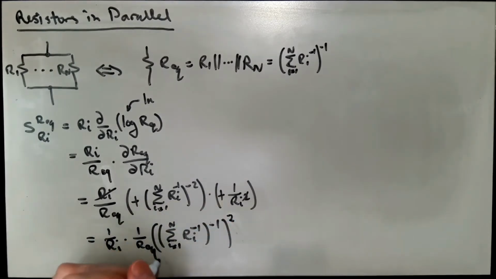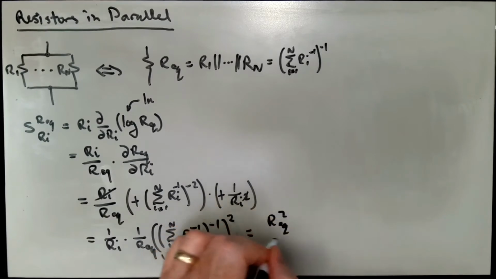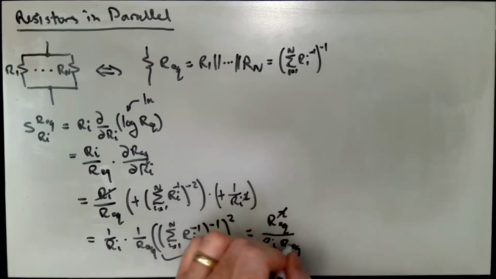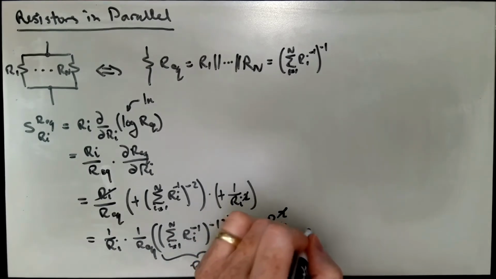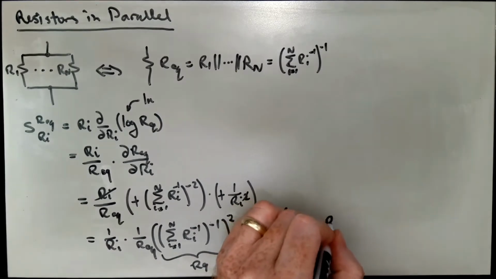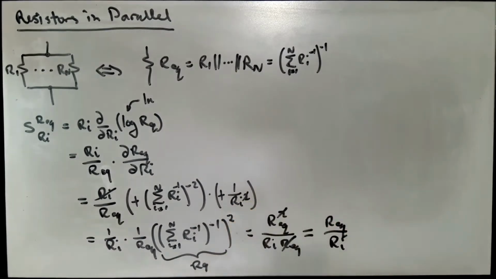Right, so this is just Req squared. So this is Req squared divided by Ri times Req. And so that cancels with that. And so we get that this sensitivity is just Req divided by Ri. So this is just the reciprocal of the sensitivity of the series combination with respect to Ri.